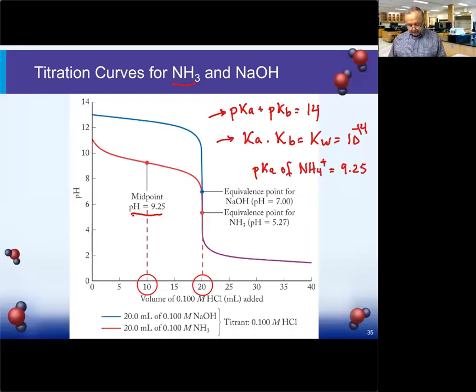Not a very strong acid, because Ka is going to be 10 to the minus 9. So not a very strong acid, but still an acid. So the midpoint here always gives us the pKa. If we want to switch to pKb, we need to use either of these two equations here.